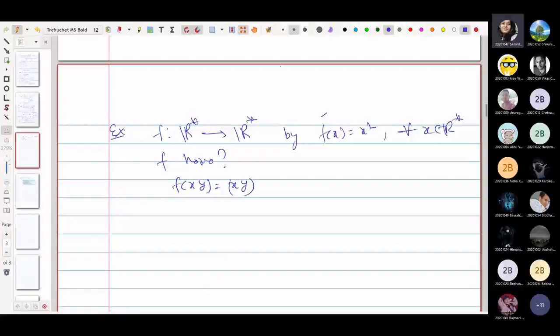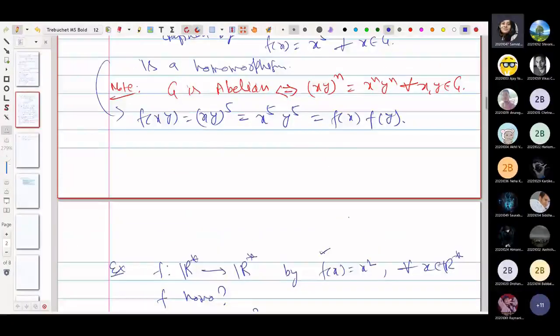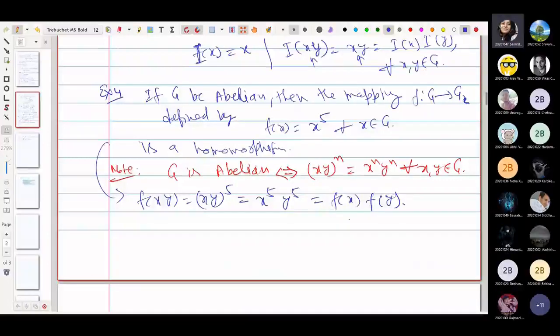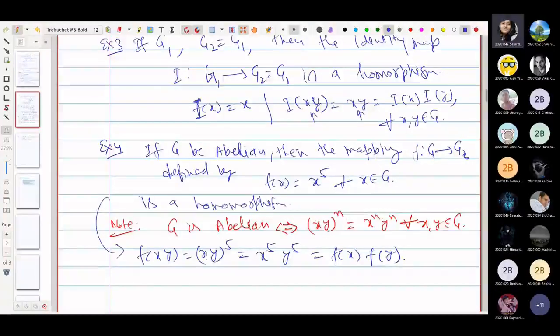If the definition is the same, it doesn't mean that the function is going to be a homomorphism. For example, here we have the power 2, and then we can write x square and y square. I am in fact portraying a particular case of example number 4. R star is abelian, as you all know.